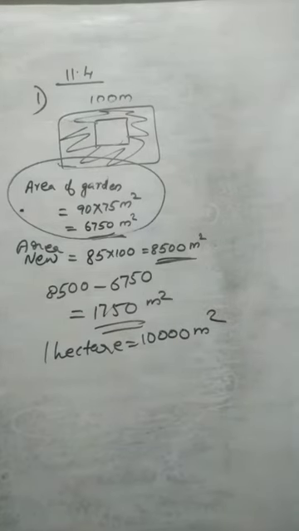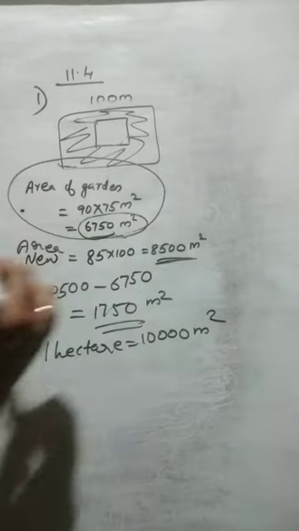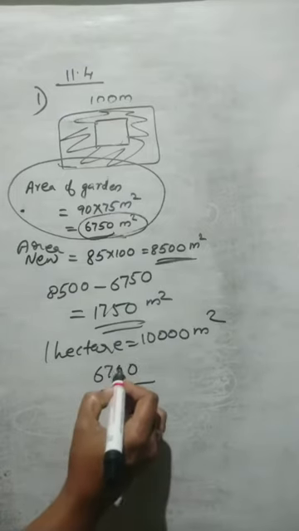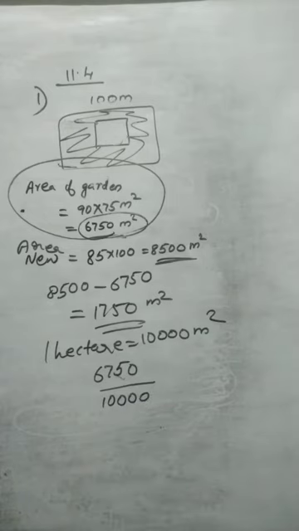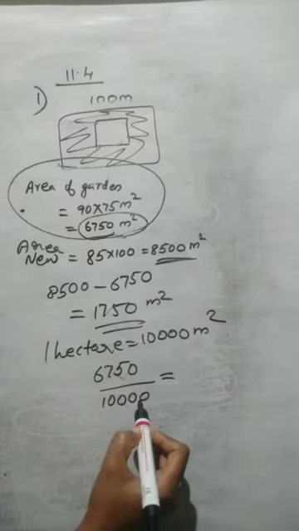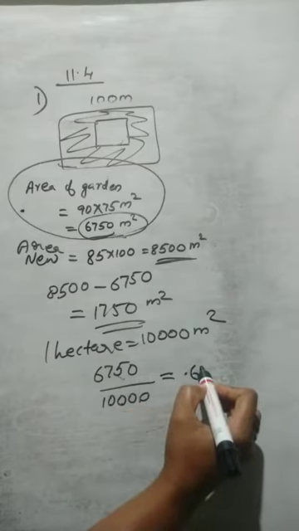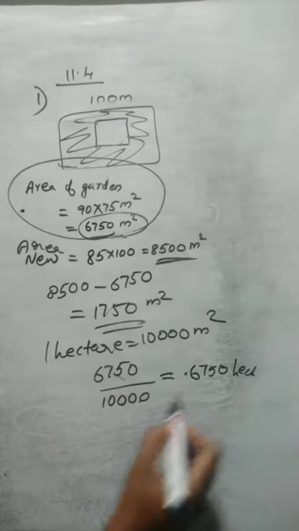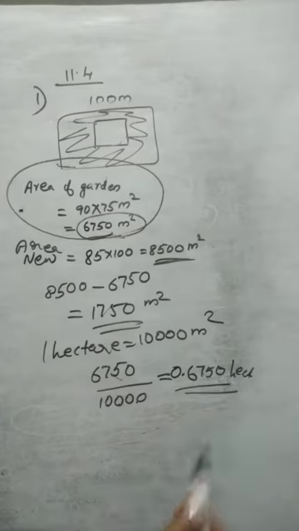So area of garden, this meter square, we have to convert into hectare by dividing 10,000. Okay. Then 4 zeros are there. So point after point, we have to push 4 digits. That much hectare. So 0.6750 hectare. Clear?